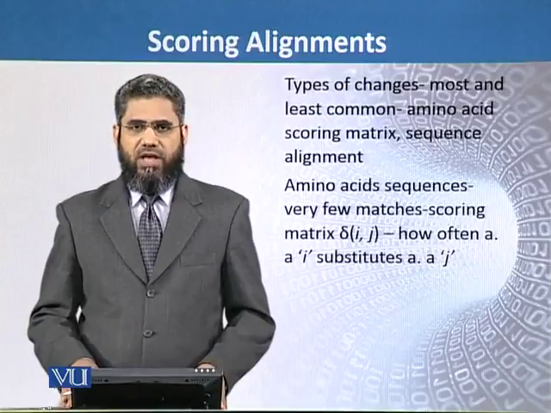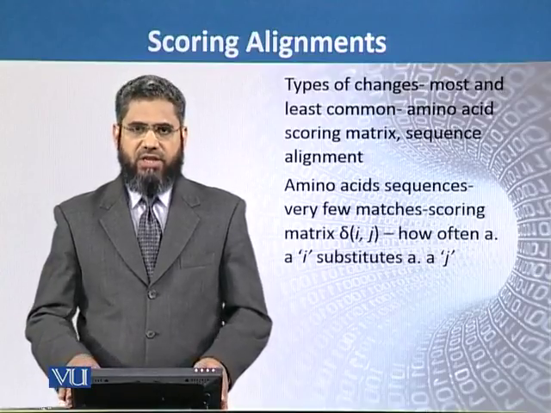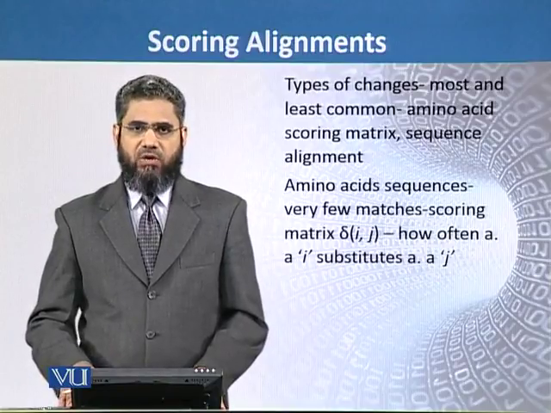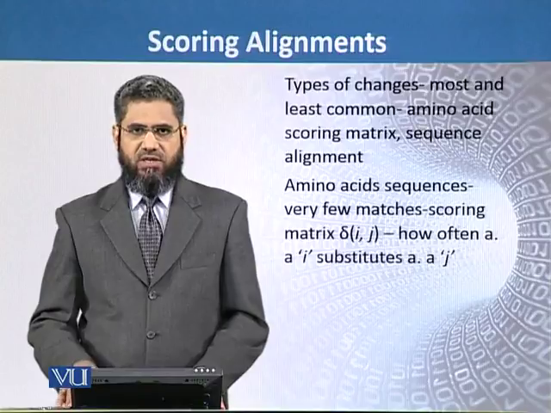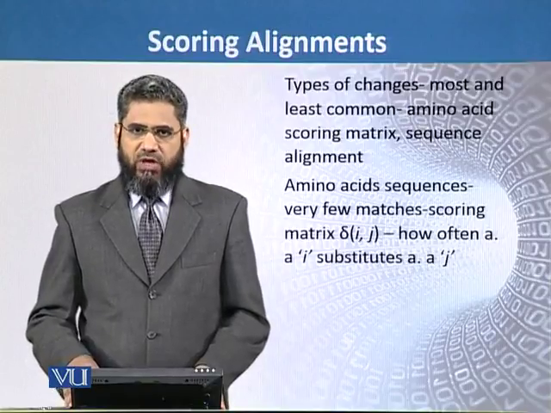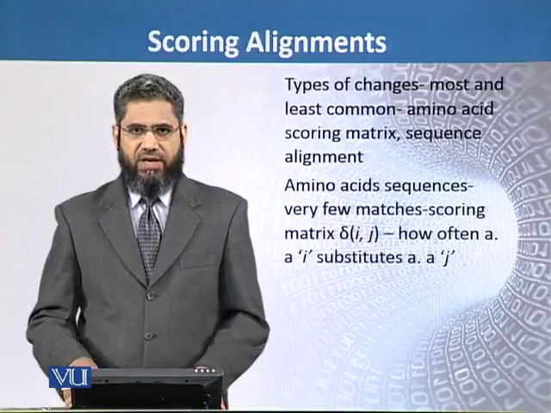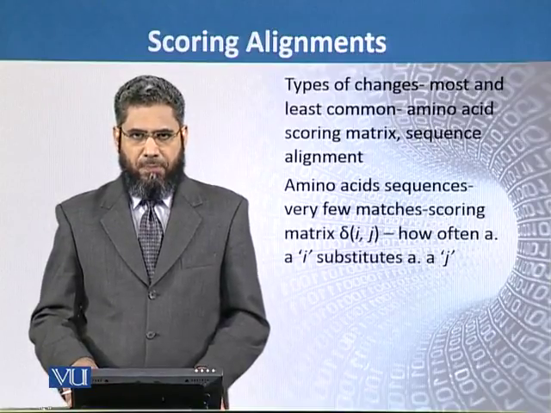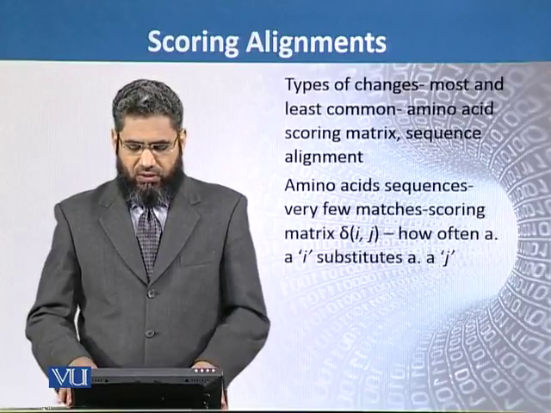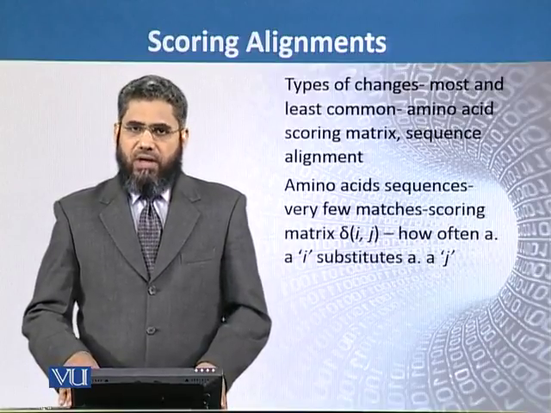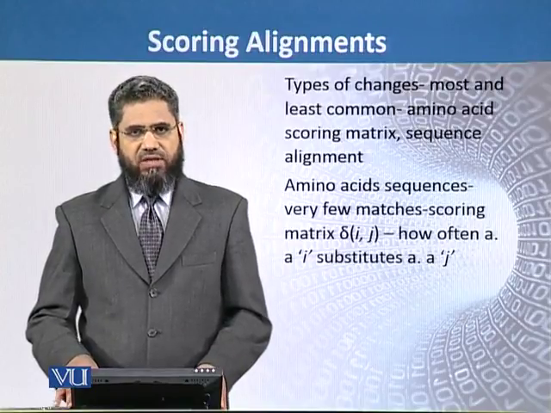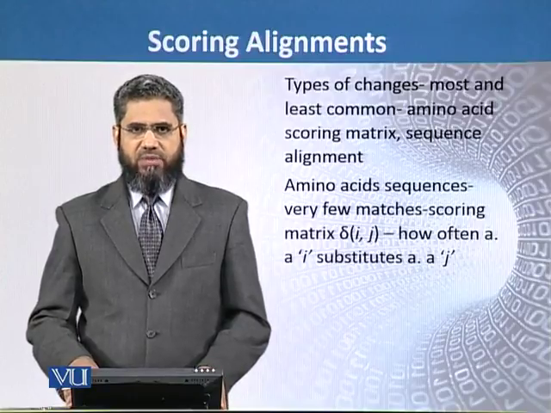Knowledge of the types of changes that are the most common and the least common in molecular evolution helps scientists construct a scoring matrix for amino acids that can be used to produce sequence alignments for amino acids. As a result, in contrast to DNA sequence alignment, in amino acid sequence alignment there could be very few matches.